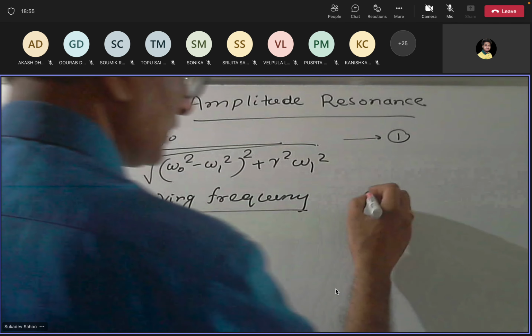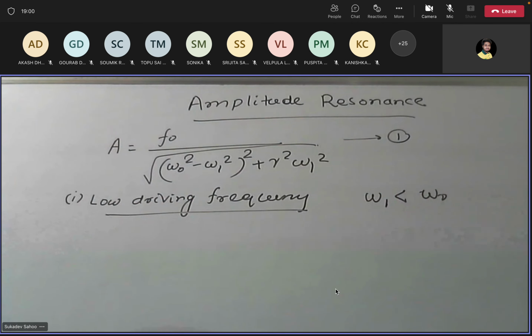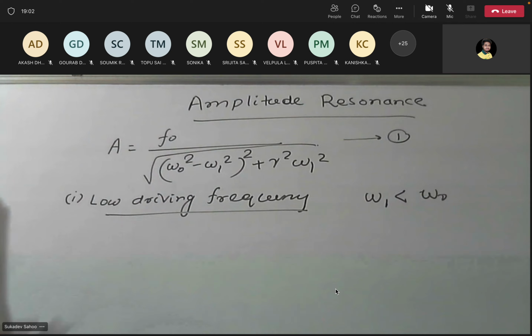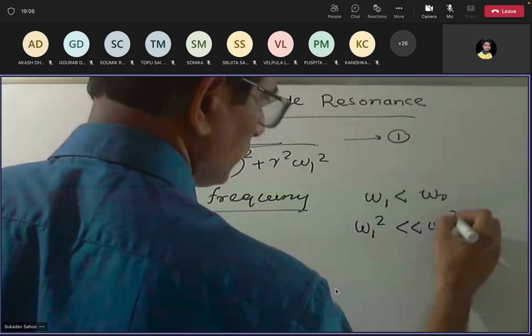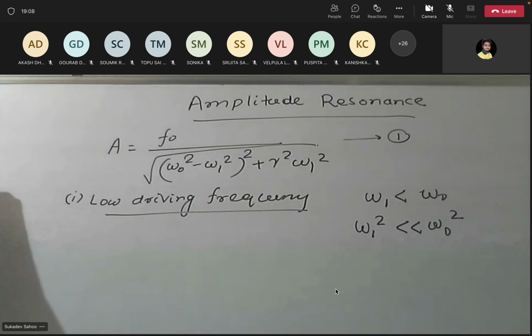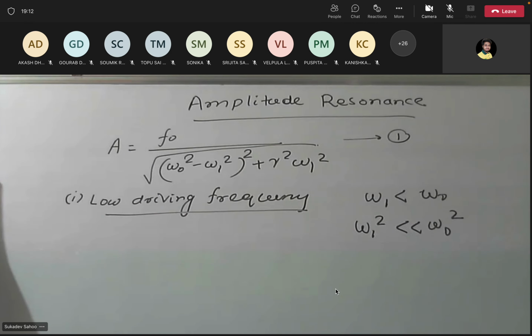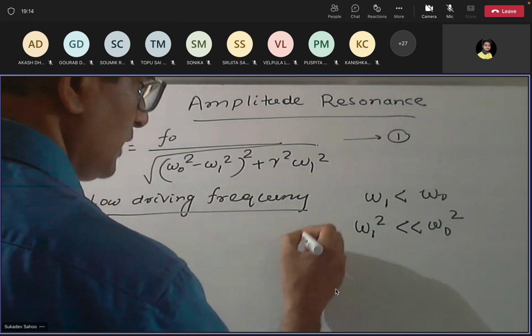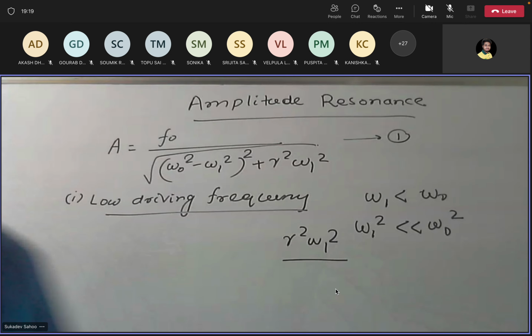In that case, we can say that omega 1 is less than omega 0. If omega 1 is less than omega 0, then we can neglect omega 1 square with respect to omega 0 square. Again, gamma square omega 1 square will be negligible in comparison to omega 0 square.